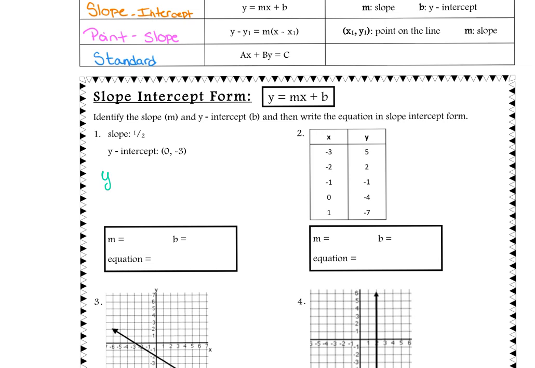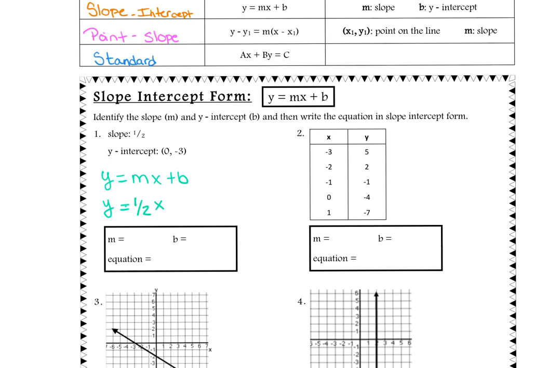So we should know that our formula is going to be y equals mx plus b. You should understand that your y and x variables are always going to stay the same.